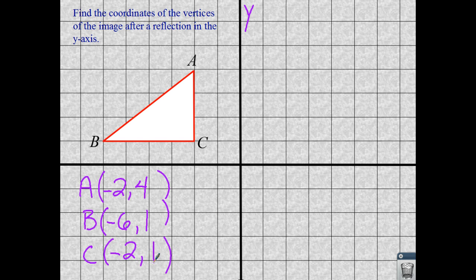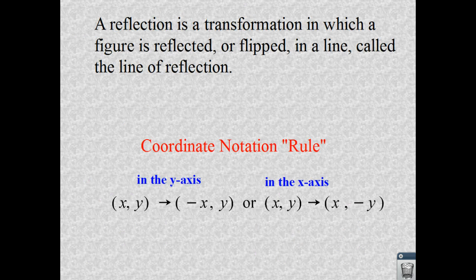Now, if I'm following my coordinate notation rule of the flip over the y-axis, my primes, according to the notation rule, if I go back a page, if I'm flipping over the y-axis, my y-coordinate will stay the same, and the x-coordinate will be the opposite of what it is currently.